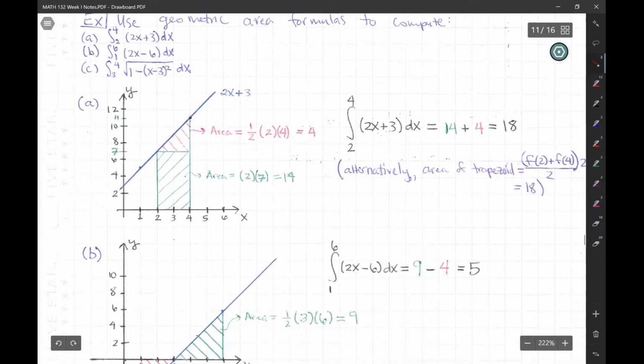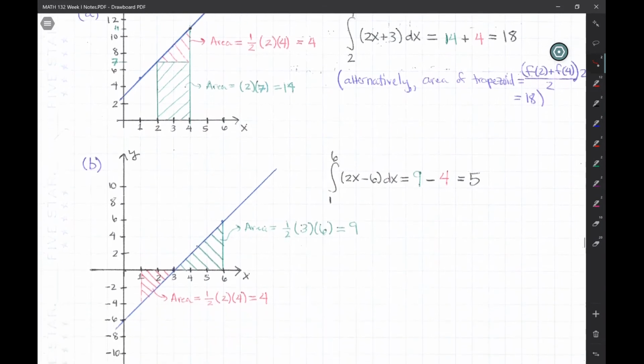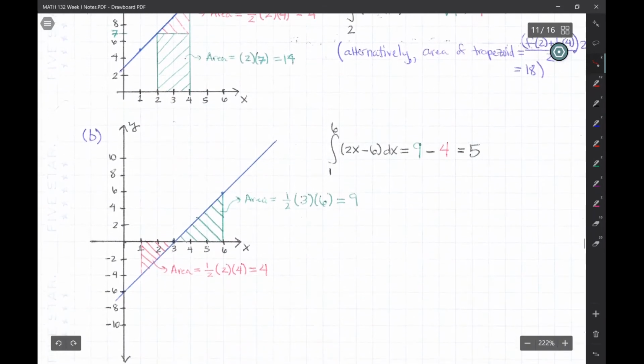How does that look? Well, here is how this looks. Here's the function 2x minus 6. That's this blue curve that you see there. And we want that net area from 1 to 6.